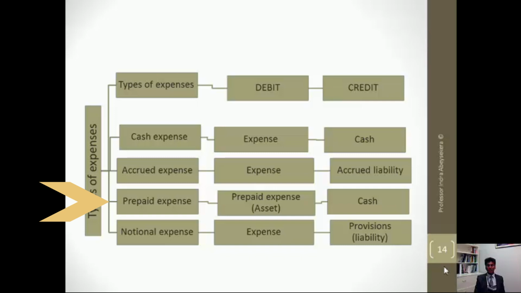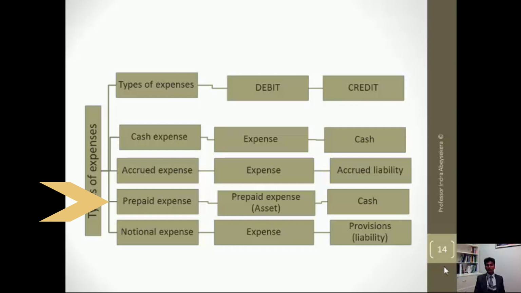Let's say we are now in the next reporting period. Then that prepaid expense will be consumed, will be used up. That product or service will be used up in the next reporting period. So if we are in the next reporting period, our asset, prepaid expense, will decrease now.